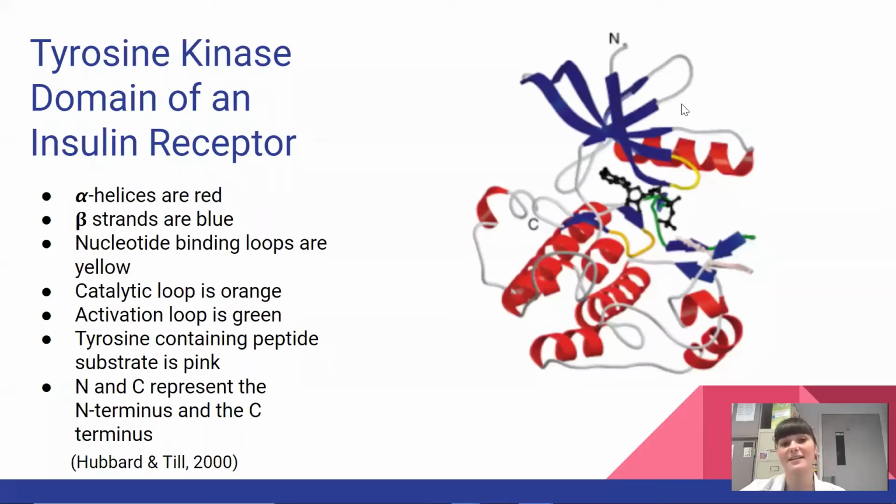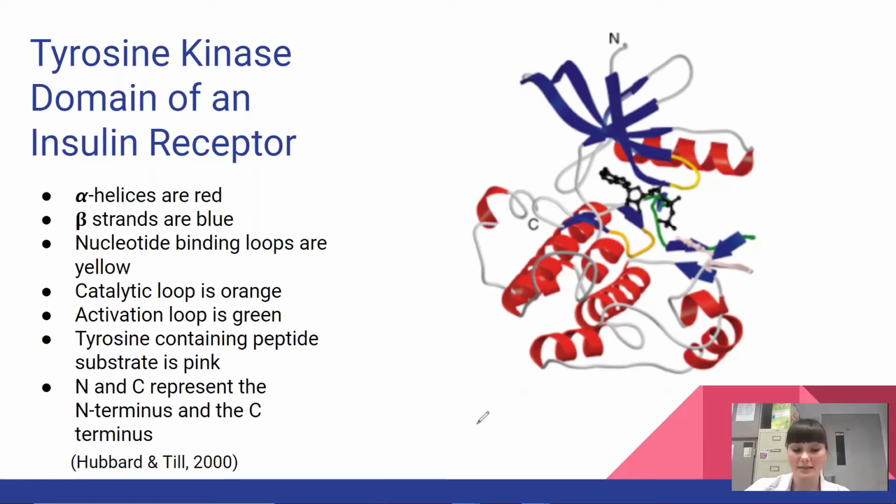I'd like to take a second and look at a specific structure of a tyrosine kinase domain of an insulin receptor. So to summarize what we're looking at here, we are looking at the cytosolic portion of an insulin RTK, all right? So all of the red spirals you're seeing are the alpha helices.